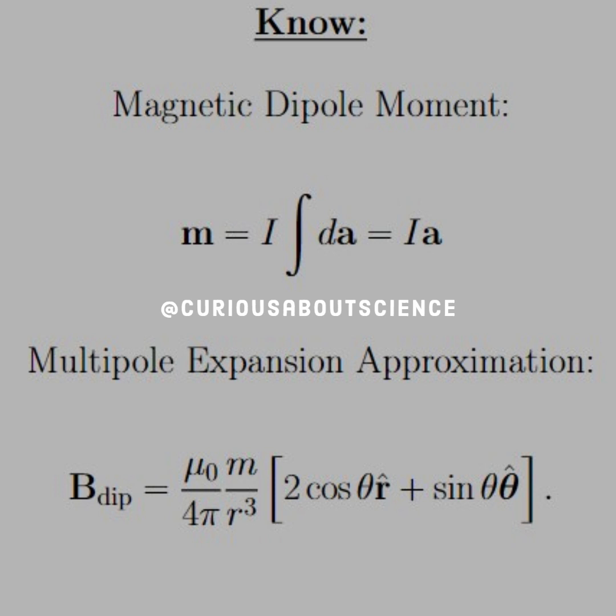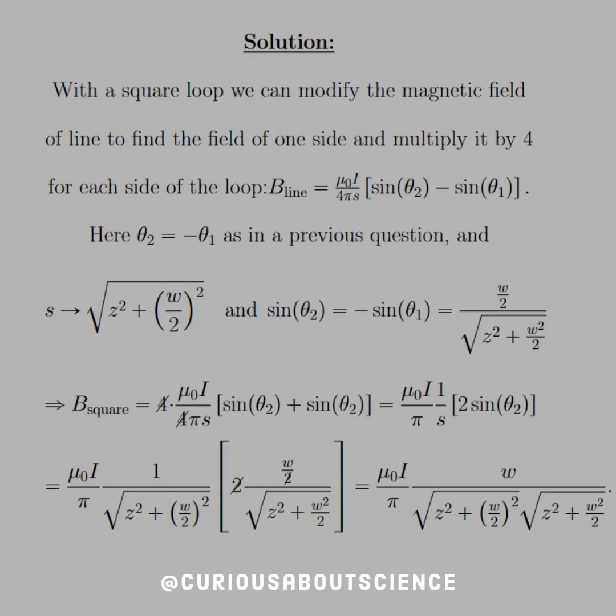All right, so again, this multipole expansion is just a dipole term. I should clarify that better. So the solution, we will start with understanding that, again, we can manipulate the old situation into the new situation. We already found the magnetic field of a line segment, so we can modify that.